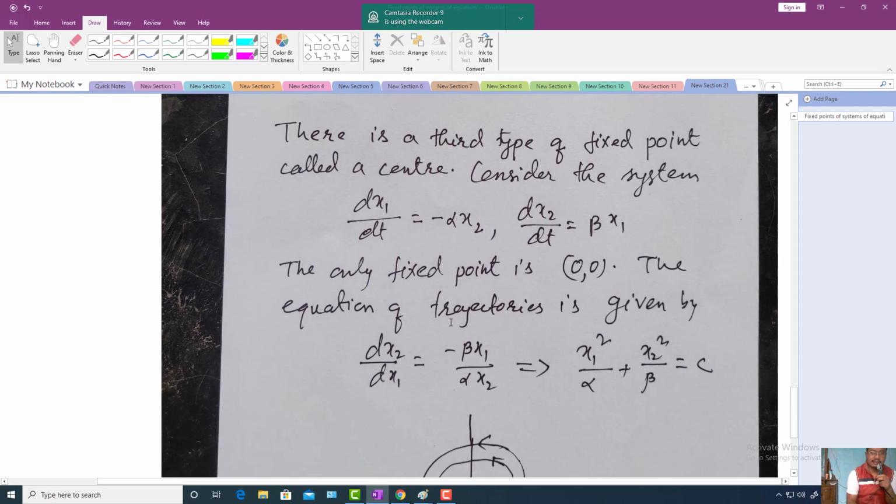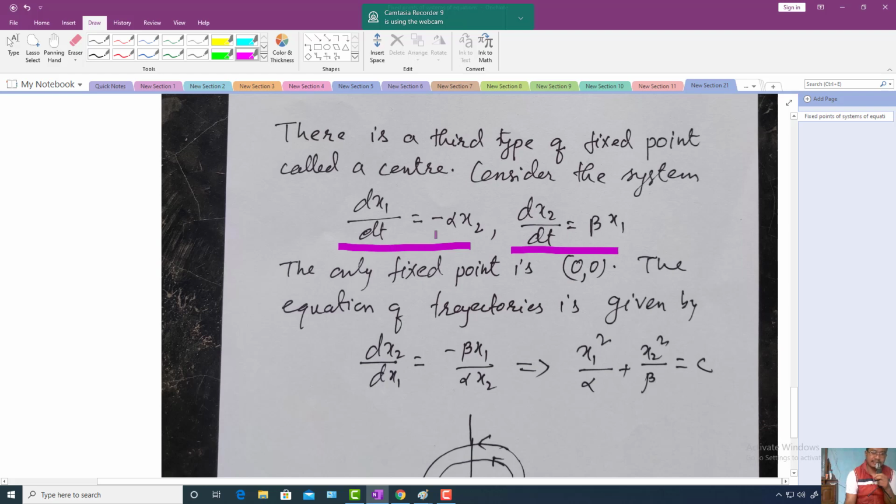Then let us see, there is another type of fixed point. It is called a center. Consider this system of equations. When you convert it into a single second order differential equation, you can find the characteristic equation.